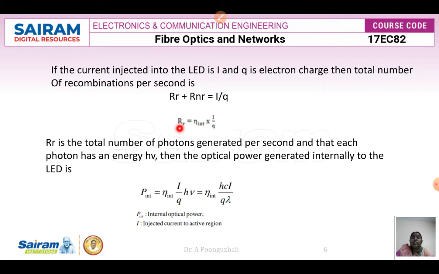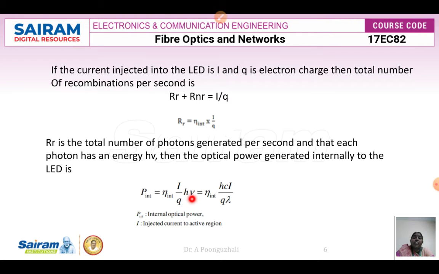Here R_R is nothing but the total number of photons generated per second, and each photon has an energy of h nu. Then the optical power generated internally in the LED, P internal, is equal to the internal quantum efficiency times I by q times h nu.